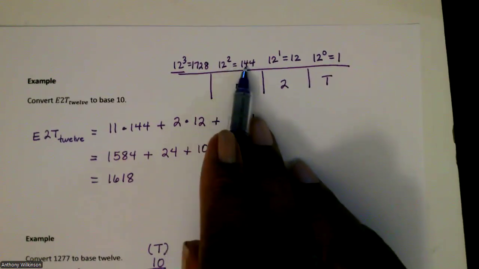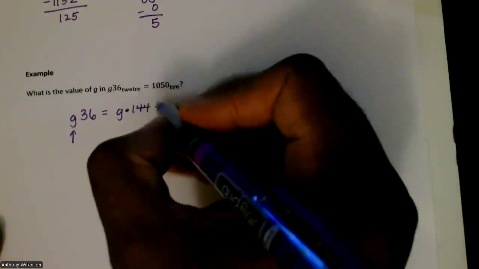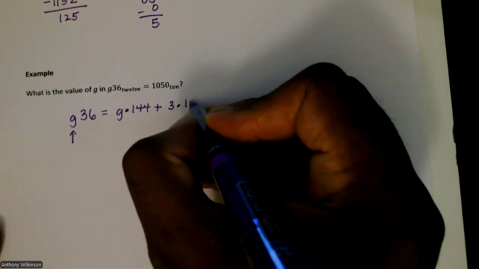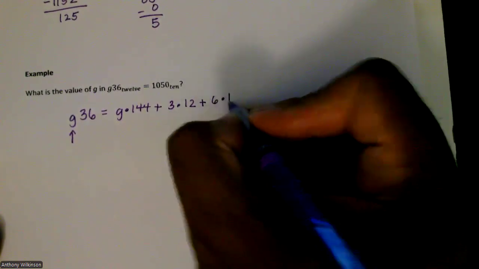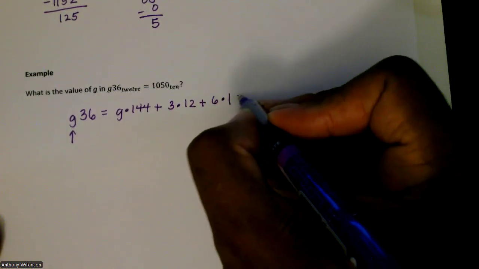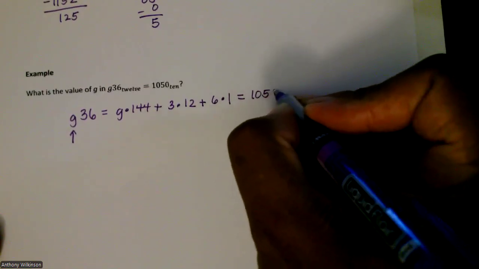But 12 squared in this case, let's go back up here, is 144. So that G will be multiplied by 144. So it'll be G times 144 plus the 3 times 12 to the first, which is 12, plus 6 times 12 to the 0, which is 1. And then that's going to be equal to 1050 base 10.